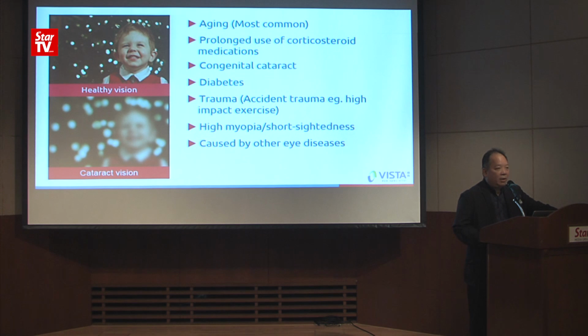That itself leads to cataract. People who are born highly short-sighted tend to develop cataract at an earlier age, even in the mid to late 40s. And of course, other eye diseases like infection or inflammation can also cause cataract.